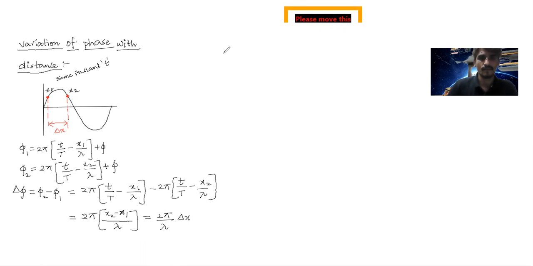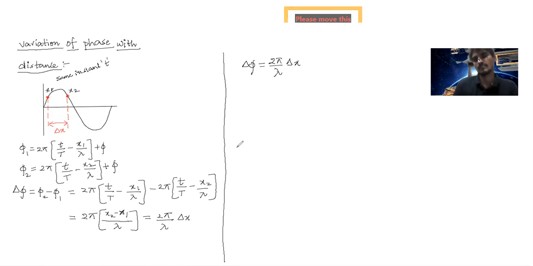Therefore, delta phi, the change in phase, is equal to 2 pi by lambda into delta x. This is the relation between the change in phase and the change in position of the particle in a wave motion, right?